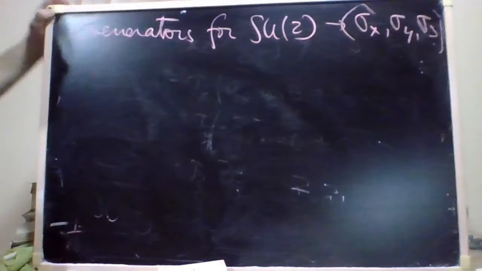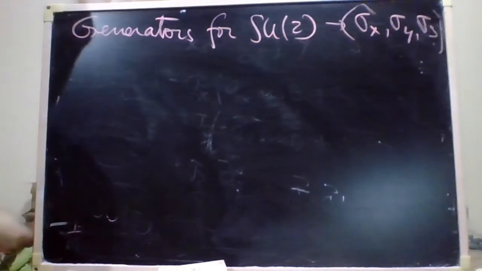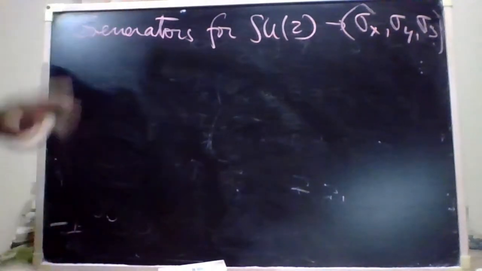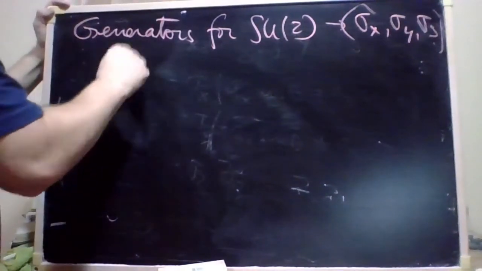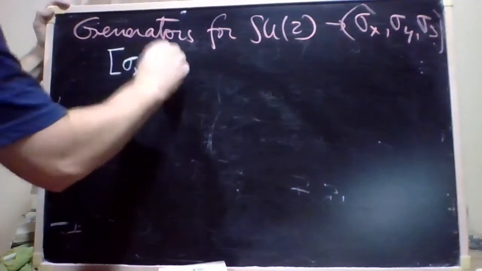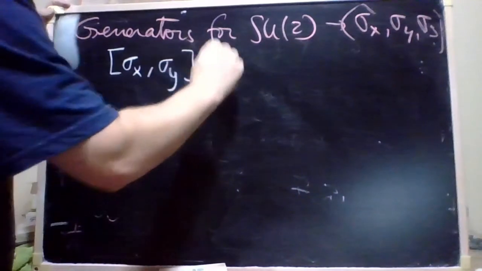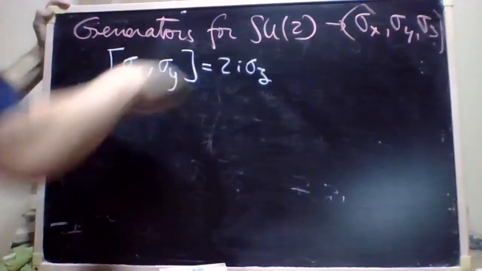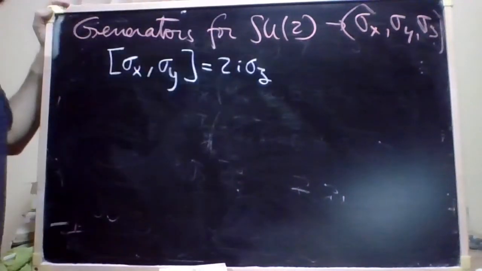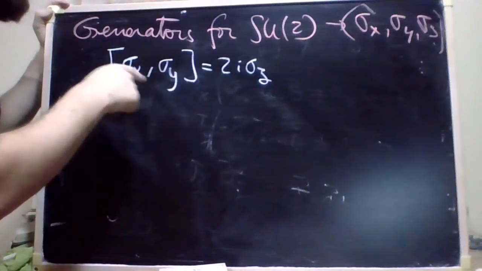These matrices, we already know, have a very specific algebra, with cyclic permutations of x, y, and z.